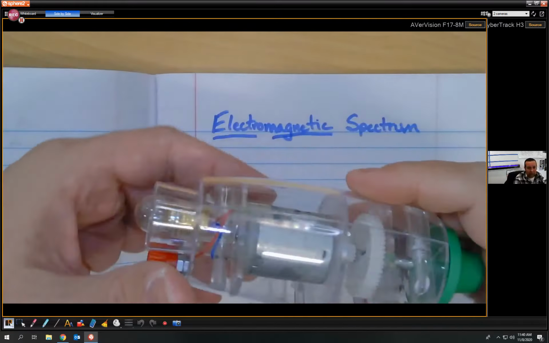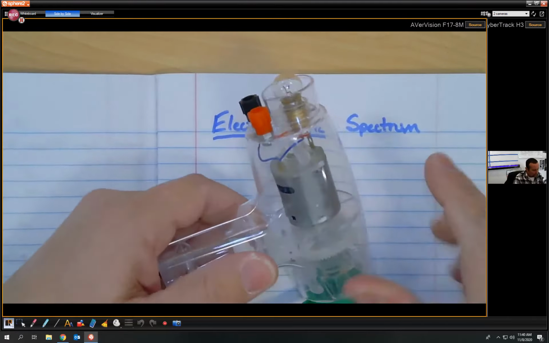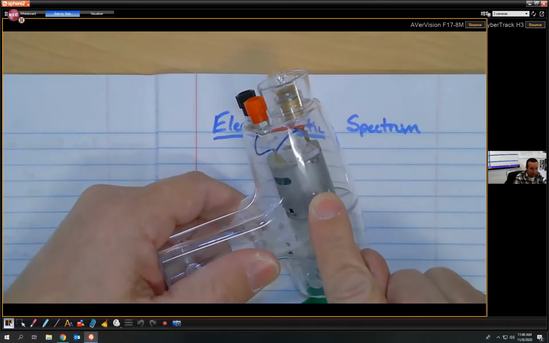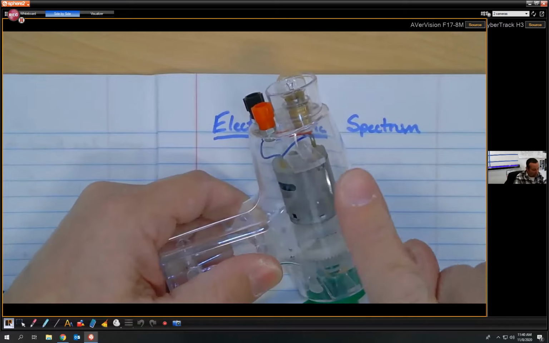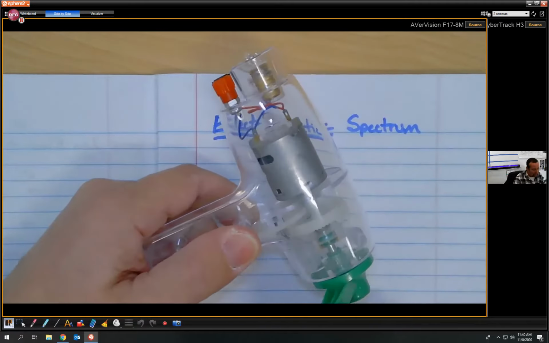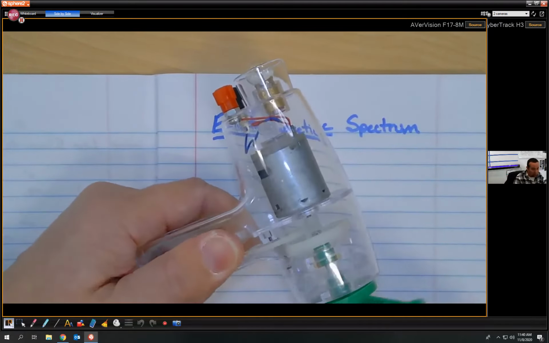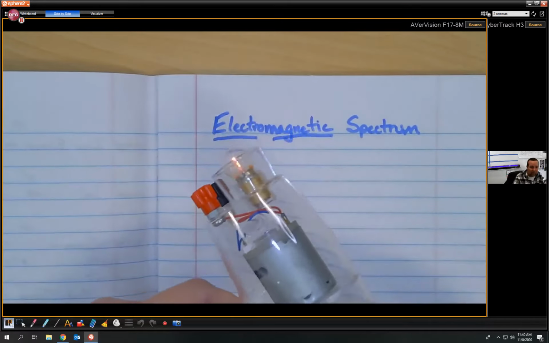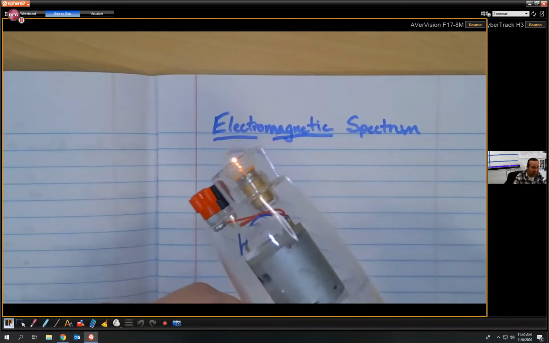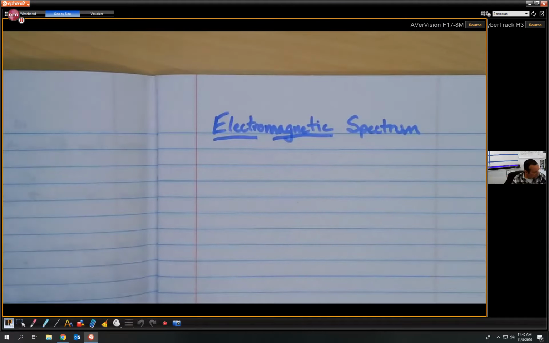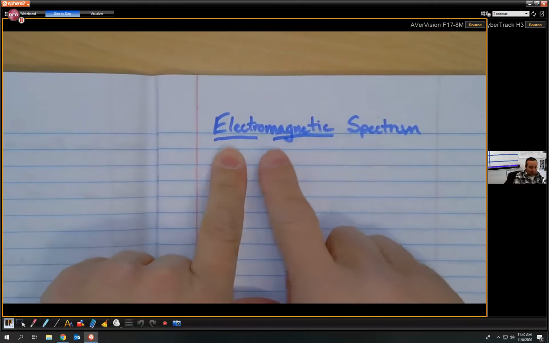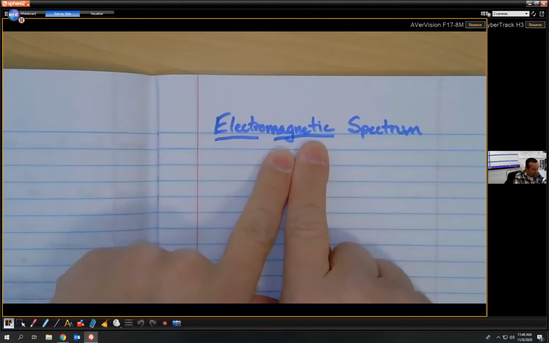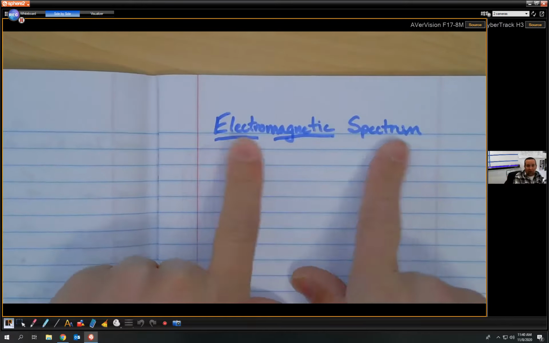Same thing with this little gadget here. There's a motor inside of here with magnets and a conductor, and if we move those conductors along the magnet or vice versa, we can see that light is generated. So really what I'm getting at is that electricity, magnetism, and light are all connected.